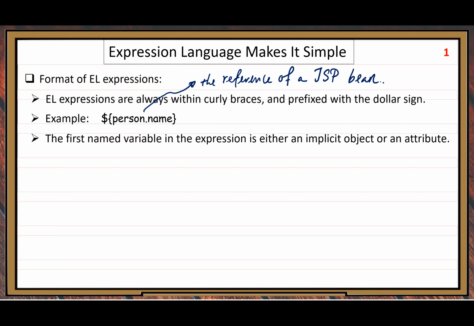Explanation. The first name, person, the first name in the expression, is either an explicit object or an attribute. So what is an attribute? Here I need to recall the example from last time when I talked about JSP scopes.